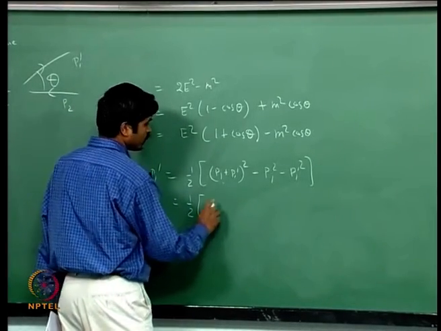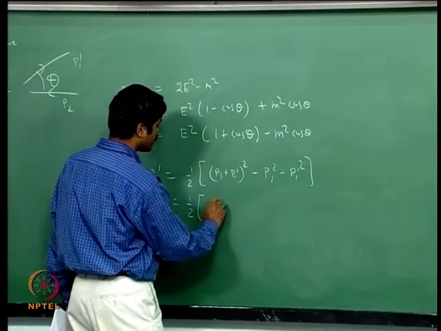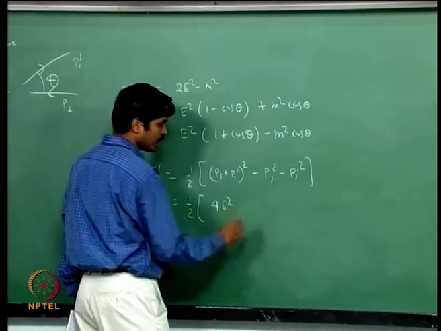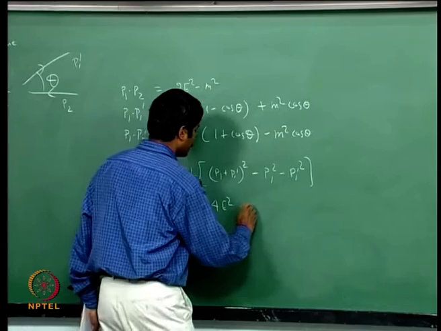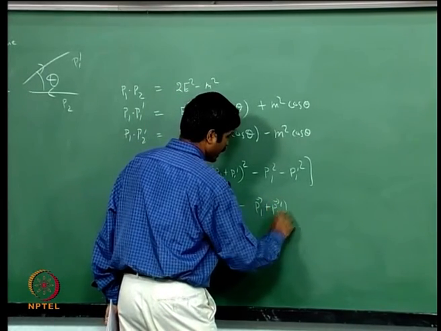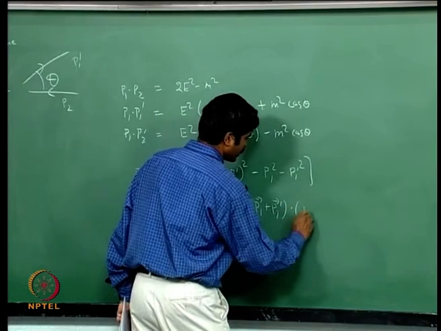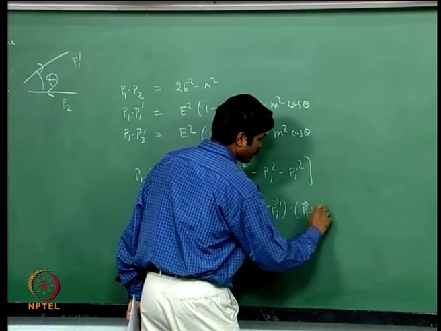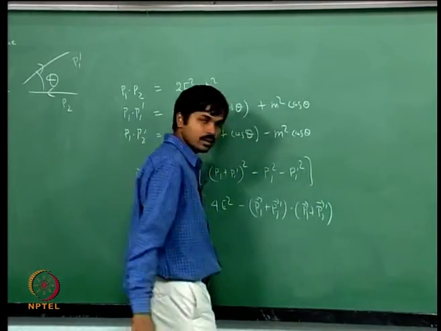The 0th component will give me 4 E square minus P1 plus P1 prime dot P1 plus P1 prime.